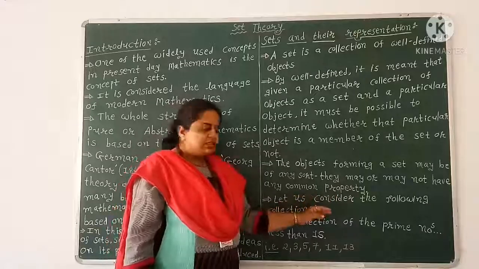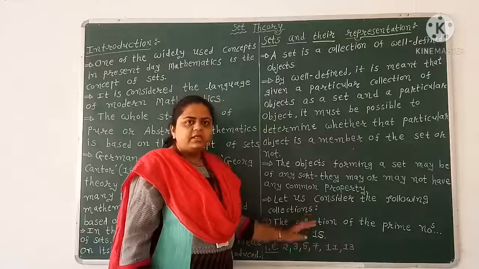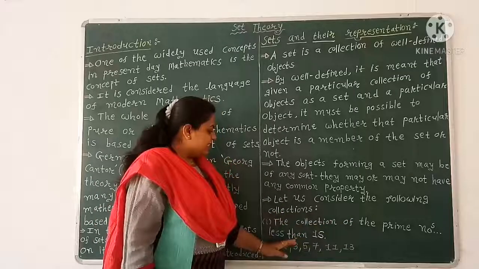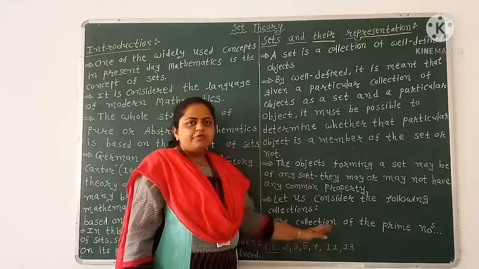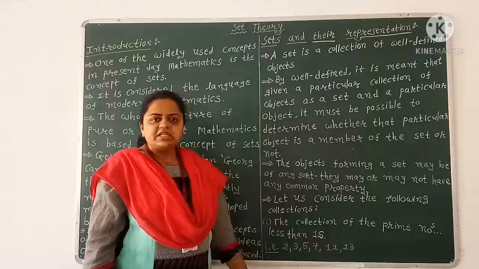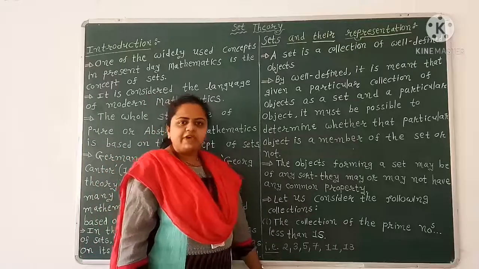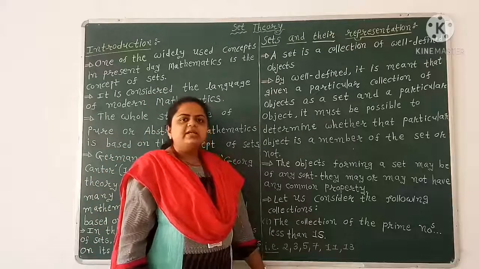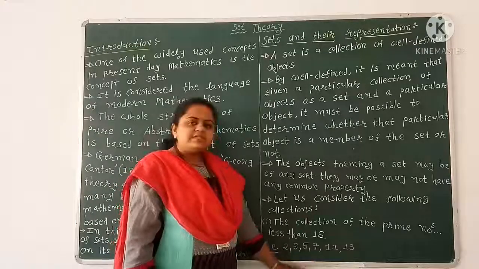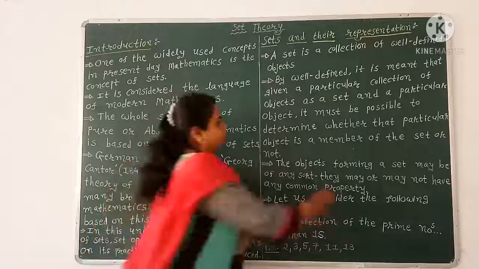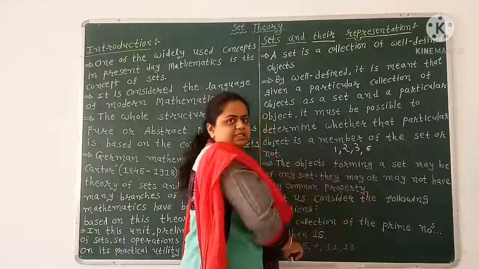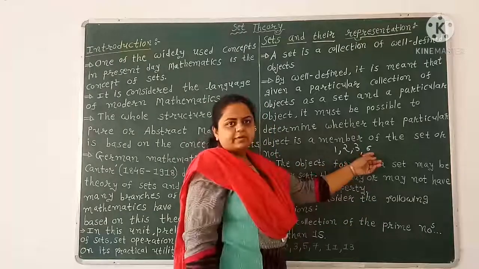Let us consider the following collections. Number 1: the collection of the prime numbers less than 50. So, what is a prime number? Prime numbers are the positive integers having only two factors, 1 and the integer itself. That means 6 has factors 1, 2, 3 and 6, so 6 is not a prime number.